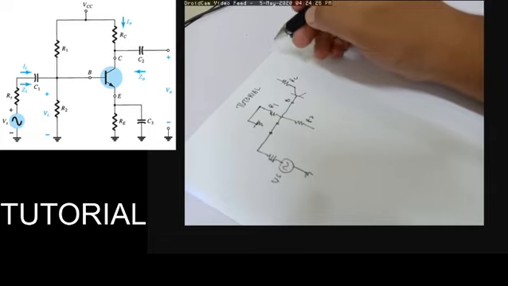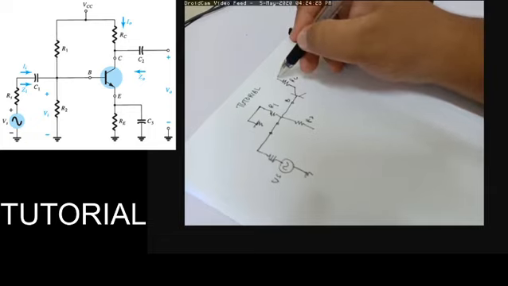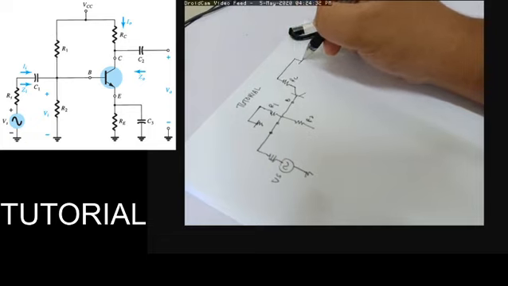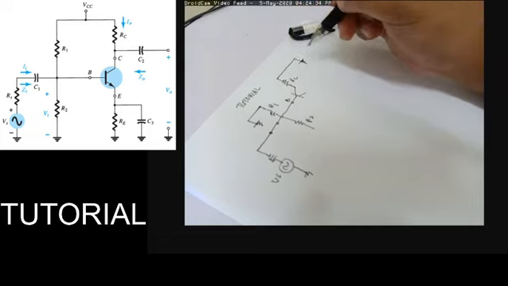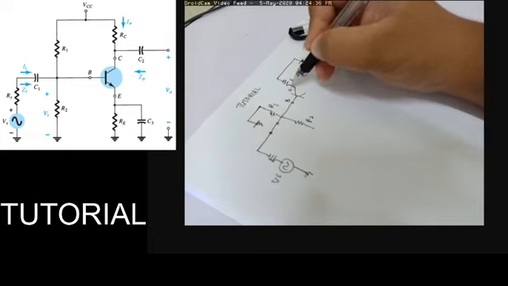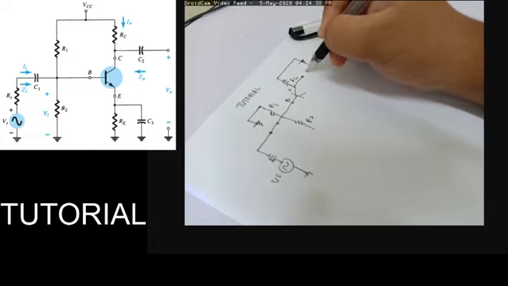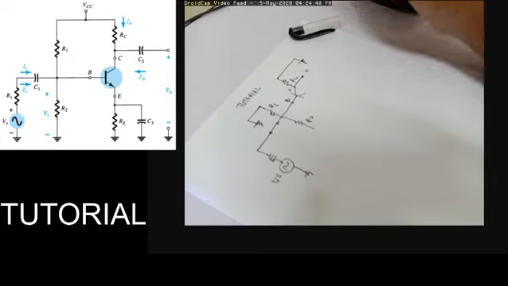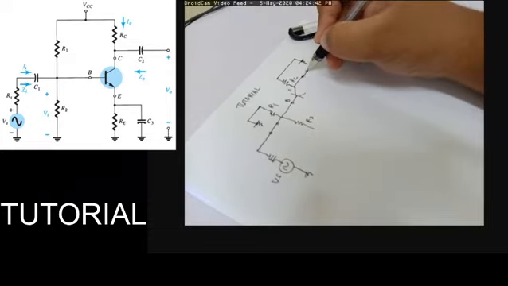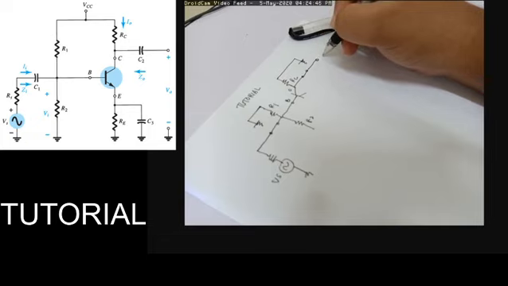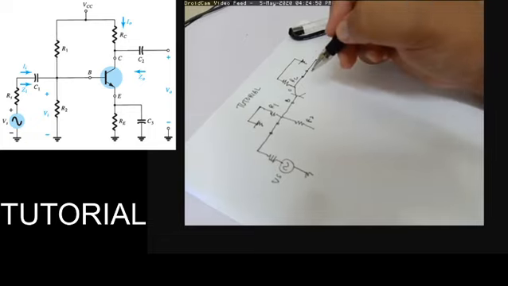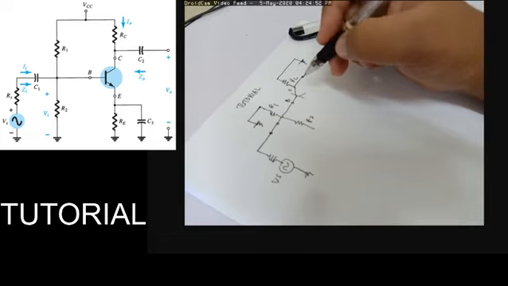As we know, the VCC here we have to remove and replace with the ground. This is the collector, and then we have a capacitor here. The capacitor we have to short. Then we only have this output, positive, same thing on the left side. You can see the circuit.